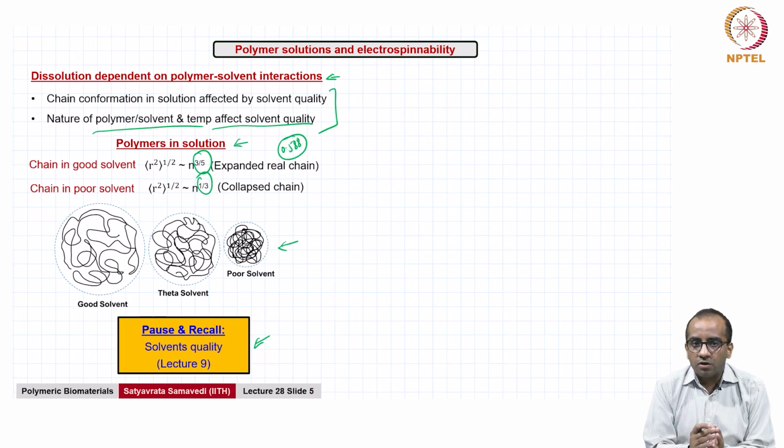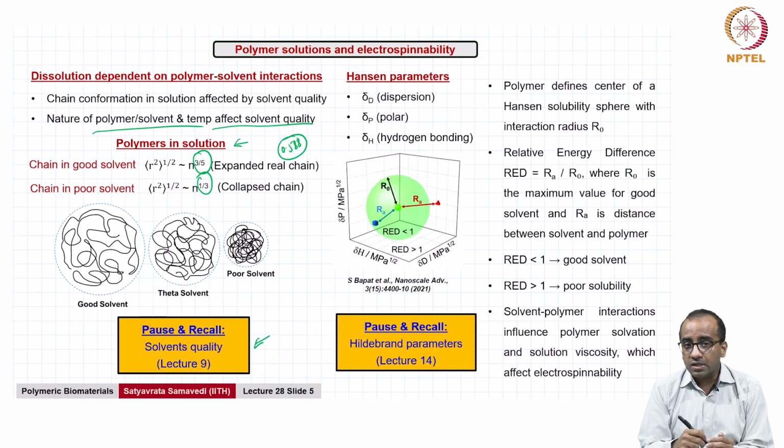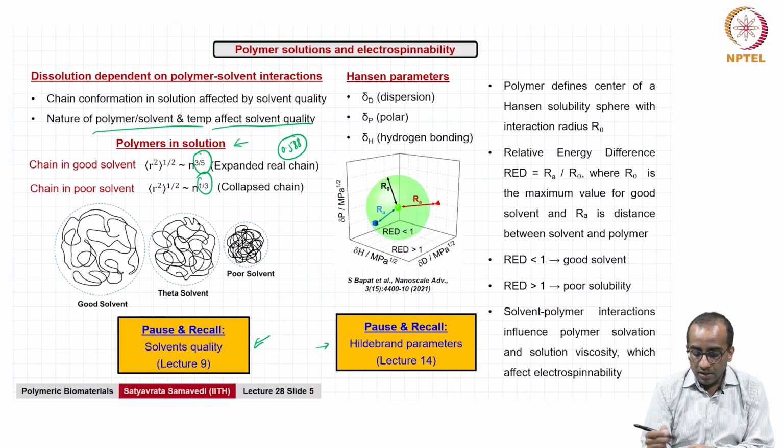Now, from an interaction perspective, or from a miscibility perspective, one way to think about a good solvent is to resort to what you would call a Hansen solubility approach. Now again, recall that this is not something that is new. We have already looked at Hildebrand parameters in lecture number 14 when we looked at polymer solutions. We are just building onto that by looking at Hansen parameters. Now Hildebrand, if you recall, is largely for van der Waals kind of dispersion forces.